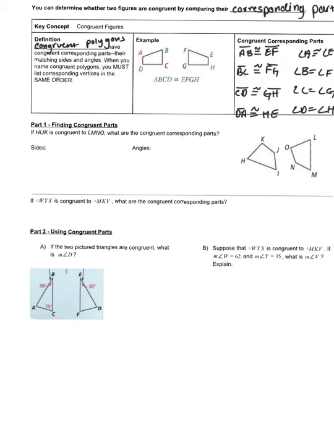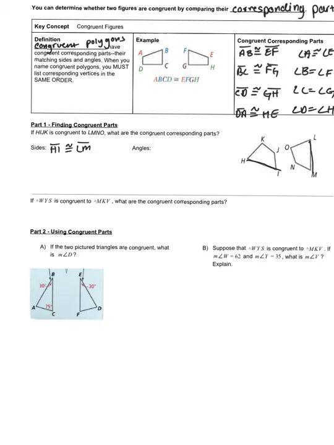All right. Part 1 says finding congruent parts. If HIJK is congruent to LMNO, what are the congruent corresponding parts? All right. Well, let's look at the sides first. Well, first we have side HI. And HI is congruent to LM in the other polygon.